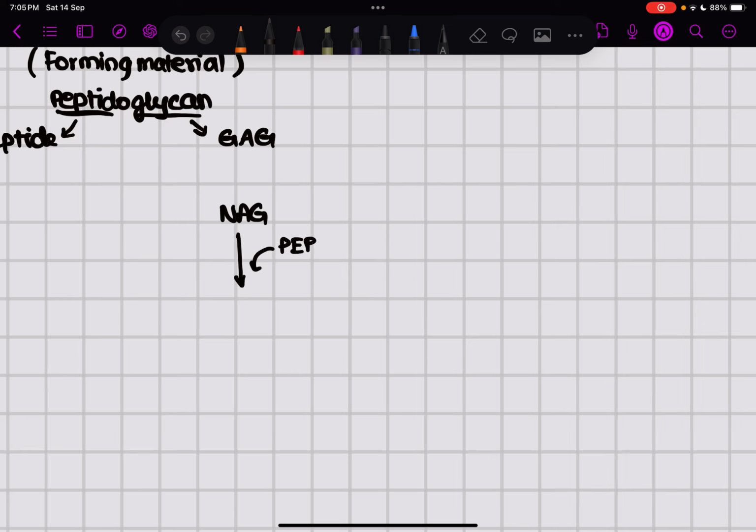Let us give enzymes a different color. Phosphoenol pyruvate is added with the help of the enzyme enol pyruvate transferase.